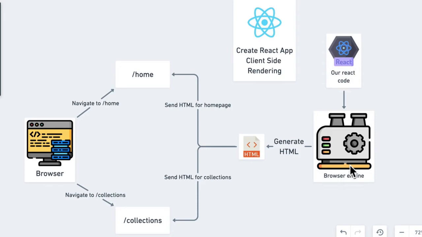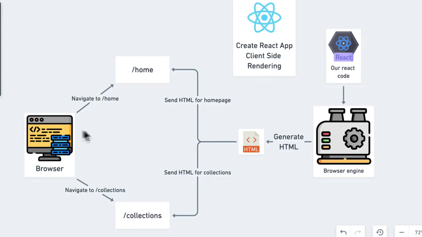Now what client-side rendering means is that it leverages the browser in order to build out the HTML that gets served whenever a user navigates to any page on your React application. So if you were to see this browser here, when the user navigates to the home route and then loads up the home component, what happens is that the React code that we've written is built and passed to that user's browser engine. Now that engine will end up being the one that actually generates the HTML required for that homepage and then loads it up onto the browser.